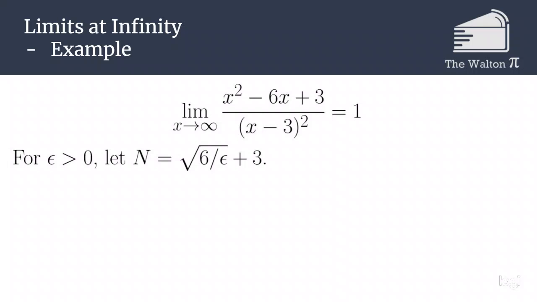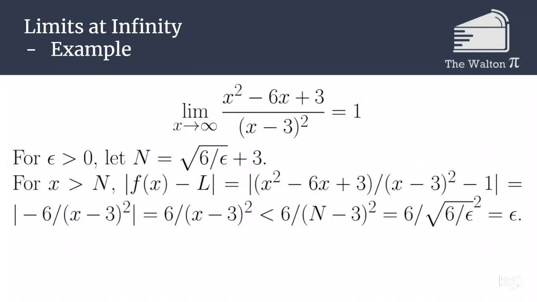That is some number, and we are going to just let x be bigger than that number. So for x bigger than that number n, absolute value of f of x minus L is equal to the absolute value of x squared minus 6x plus 3 all over x minus 3 squared minus 1. And so now we can substitute for x all the different values that we would have.